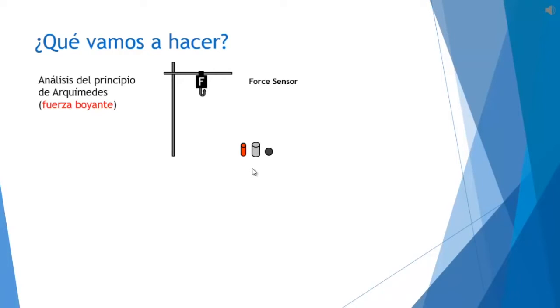We will hang each of these objects from the force sensor to measure its actual weight. Once this is done, we will place each object under a recipient covered with water. This is in order to measure the apparent weight of each object.